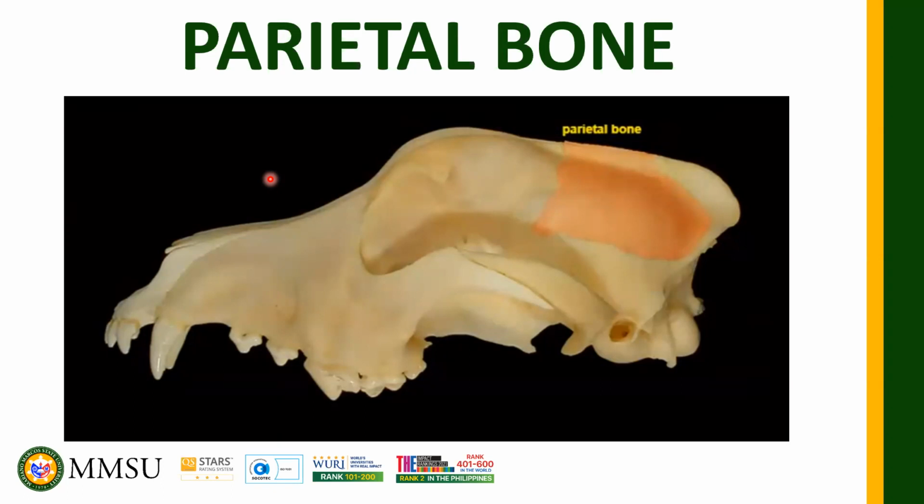Ito yung isang muscle na to that is responsible for chewing. Okay, for chewing and jaw movements ng mga farm animals natin. So etong parietal bone na to, it usually serves as an attachment point for the temporalis muscle para makapag-allow to exert force on the jaw during the chewing process. Okay? So yun yung pinaka-main na ginagawa dito for the parietal bone.